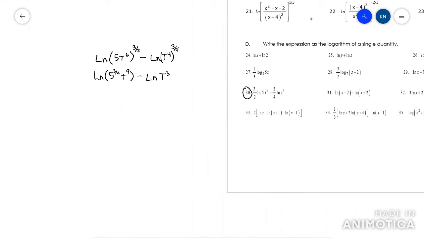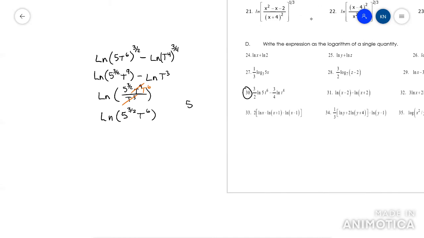All right, so now we can use our rule. ln of 5 to the 3/2, t to the 9, it's a minus, so it's divide by t^3, like this. And so this part right here is going to make t^6 on top. So really you have ln of 5 to the 3/2, t to the 6.